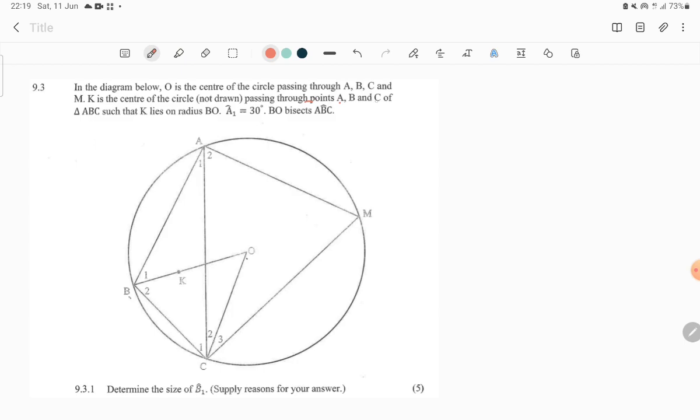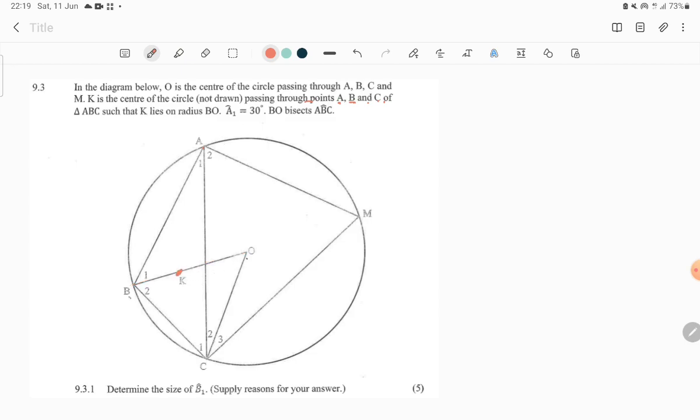These pass through the points A, B, and C of a triangle ABC, such that K lies on the radius OB. So yes, this K is on the radius OB.